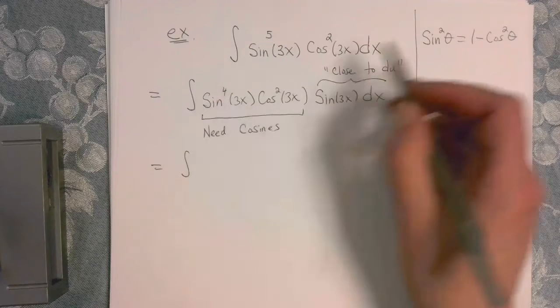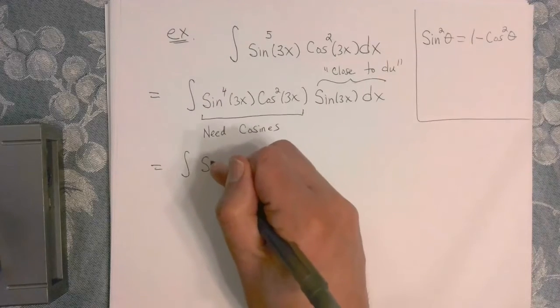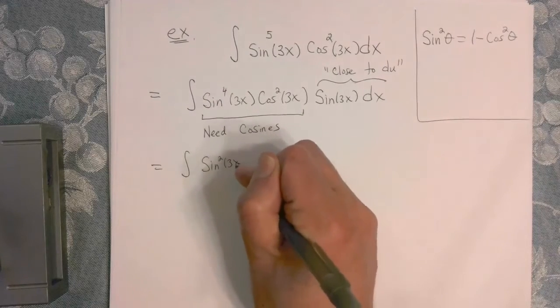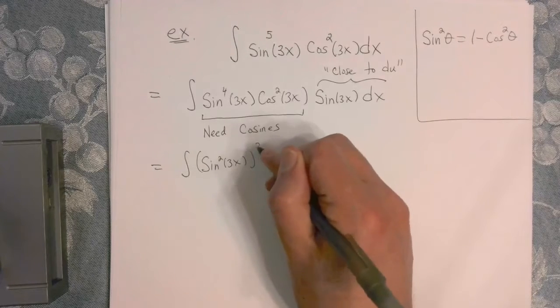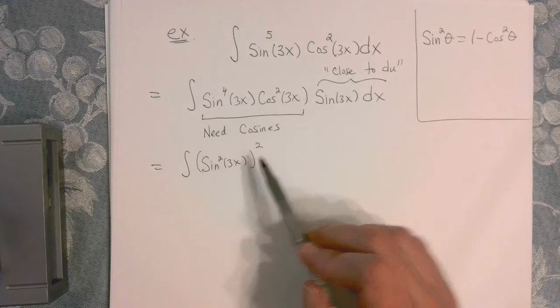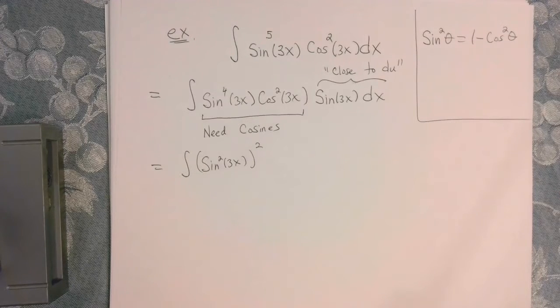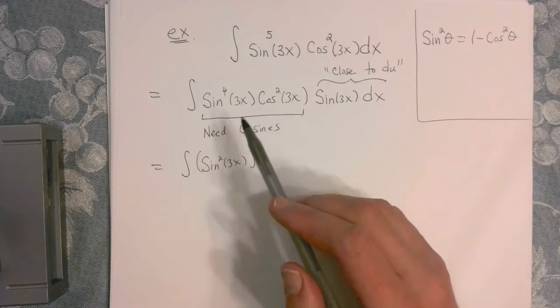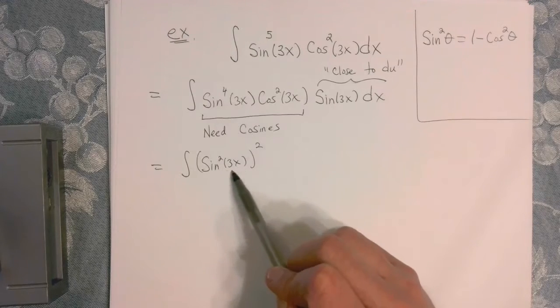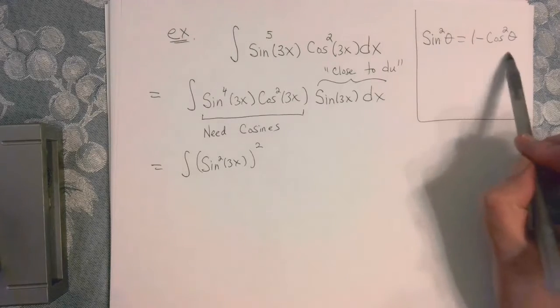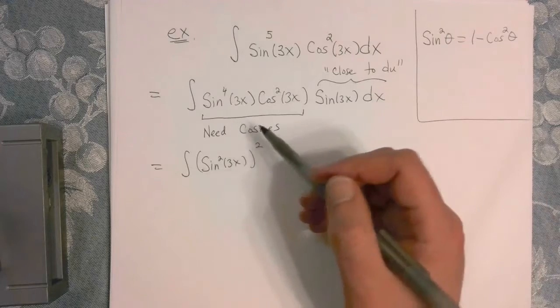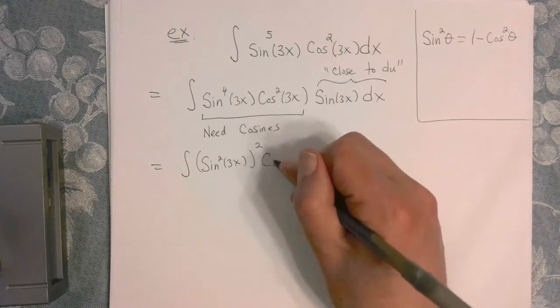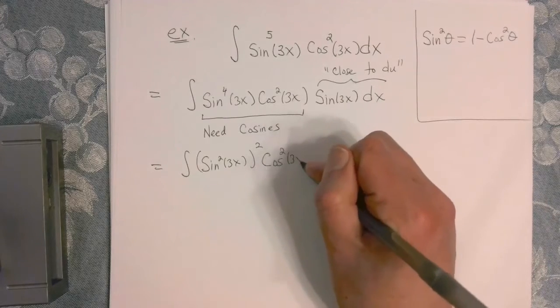So this right here is sine squared of 3x squared. That's helpful. So that's helpful because I can replace this quantity with something that looks like this. Okay. Now this is already cosine, so we can sort of leave that alone.